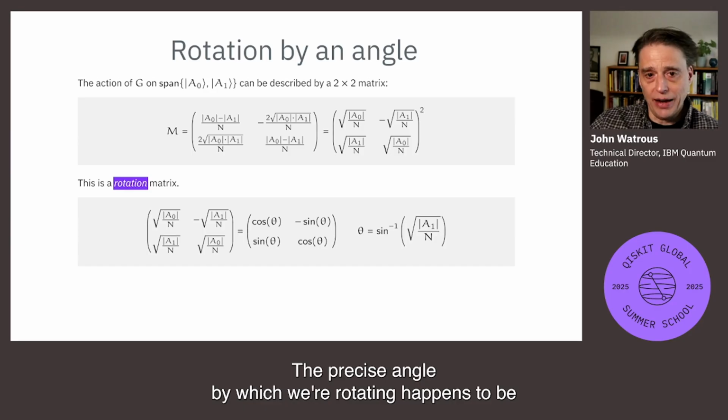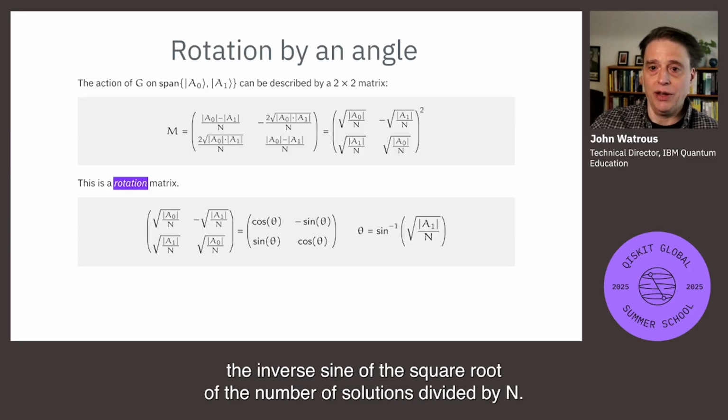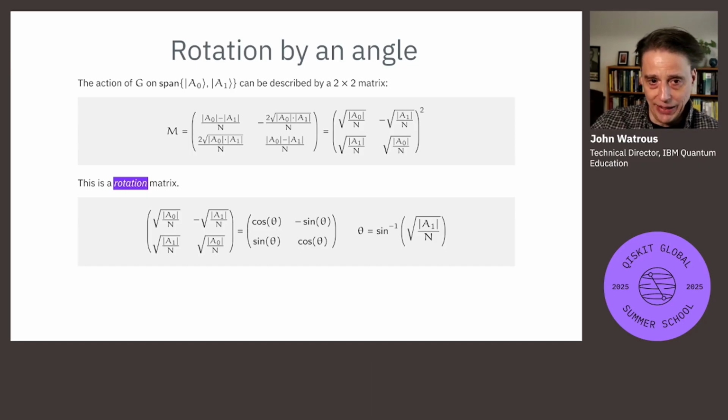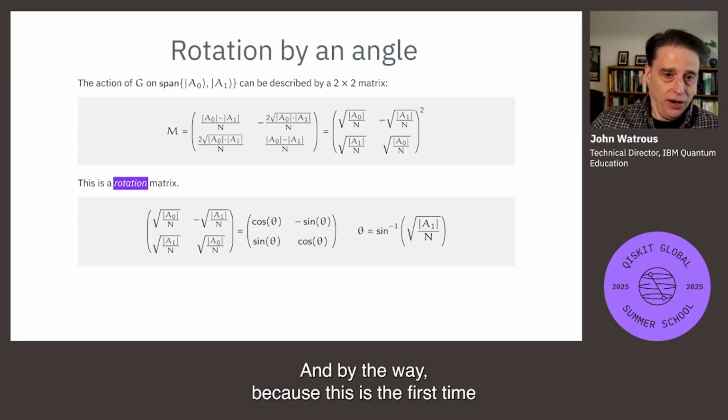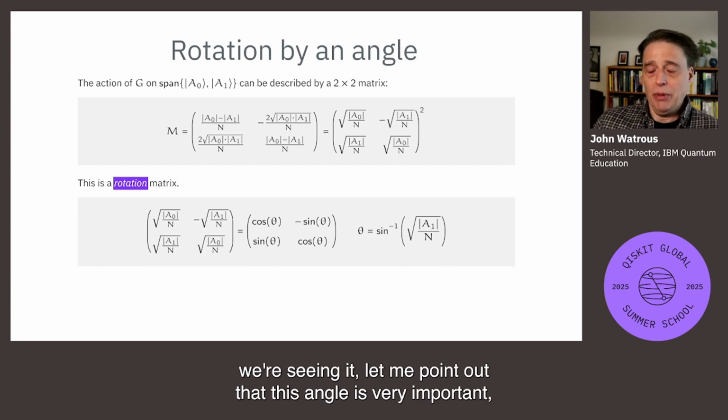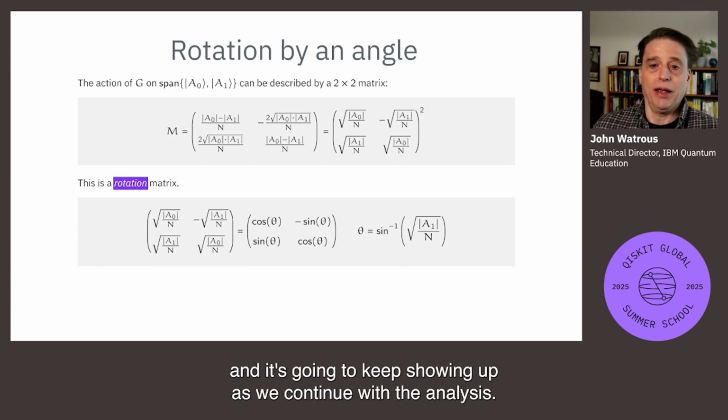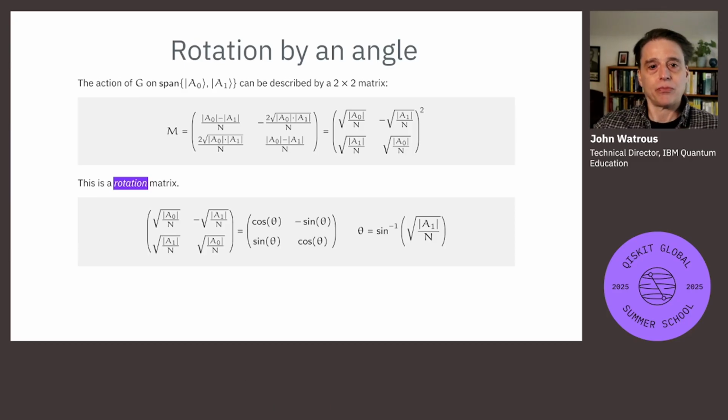The precise angle by which we're rotating happens to be the inverse sine of the square root of the number of solutions divided by n. And by the way, because this is the first time we're seeing it, let me point out that this angle is very important, and it's going to keep showing up as we continue with the analysis.